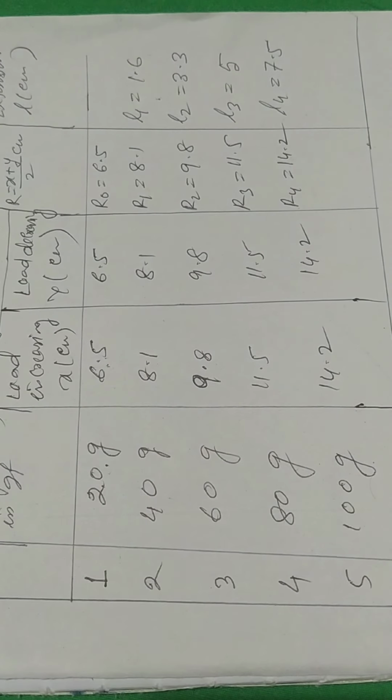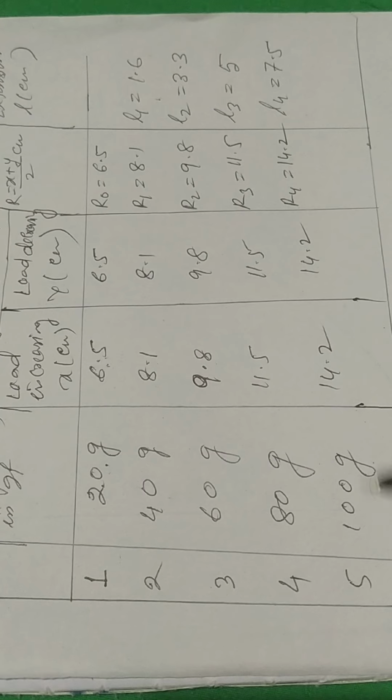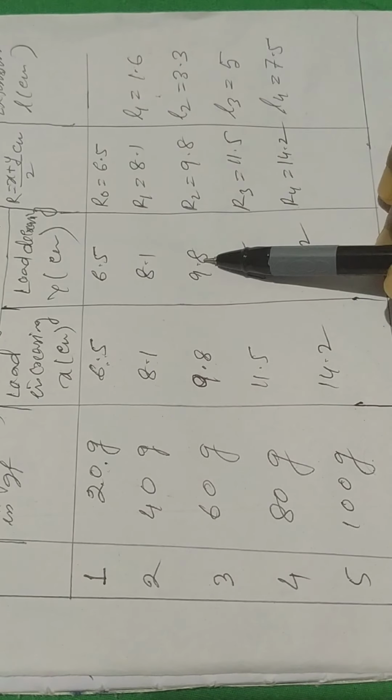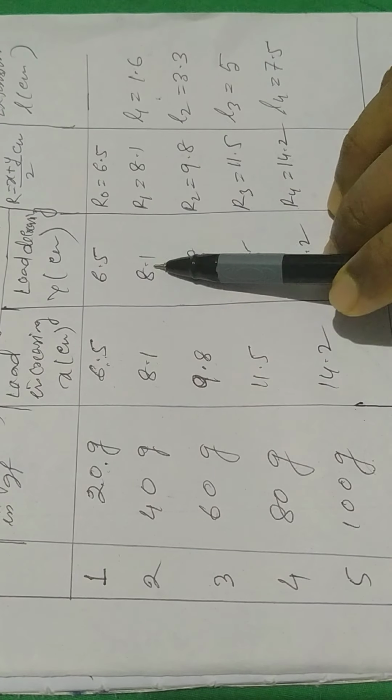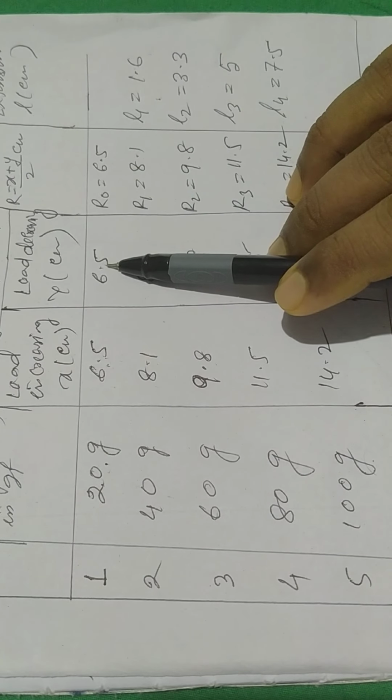So this is while increasing the load. When decreasing the load, 100 gram is 14.2. Decreasing another 20 gram, it becomes 80 gram, so 11.5. Now 60 gram, 9.8. 40 gram, 8.1, and 20 gram is 6.5.